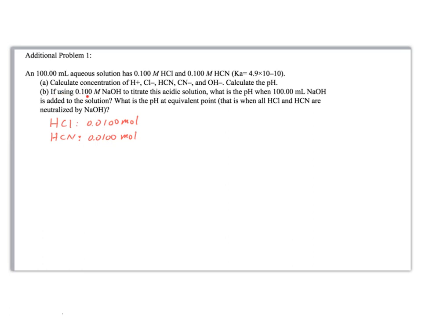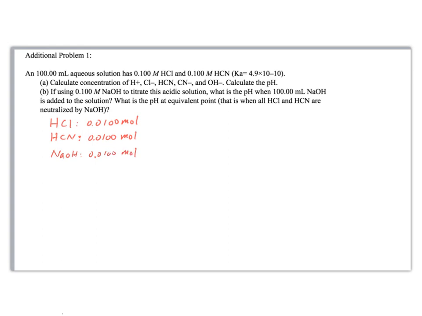Now in part B, if we add 100 milliliter of 0.100 molar sodium hydroxide, the amount of the strong base added is also 0.0100 mole.